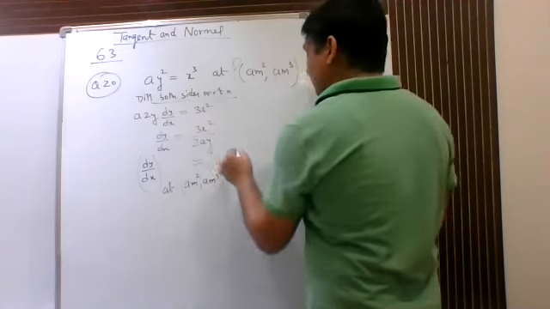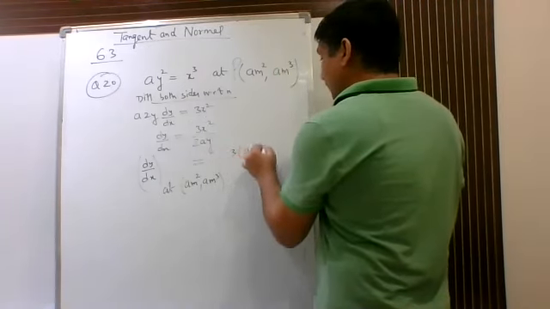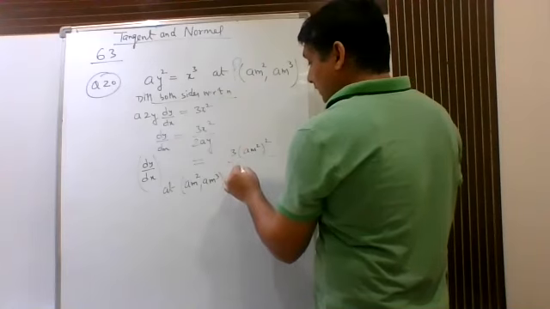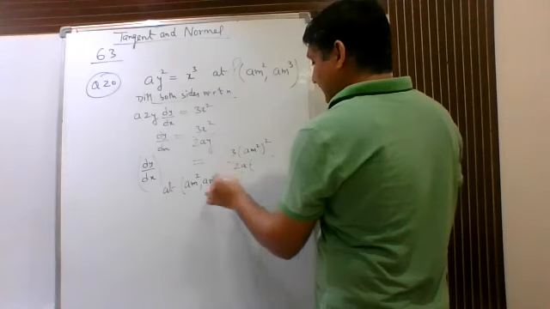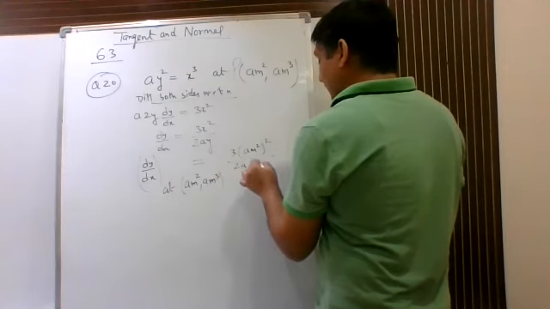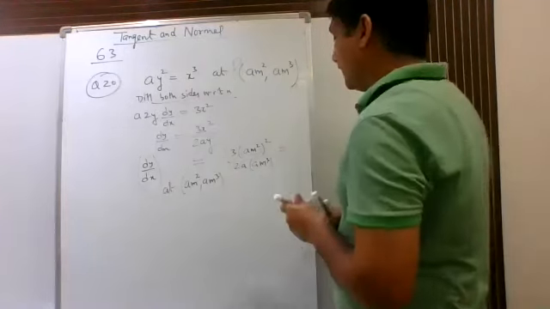So let us substitute this value. So it will be am square upon 2a m to the power 3. So this is what you are getting.